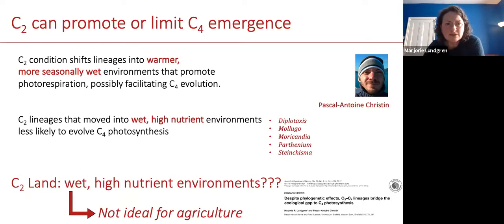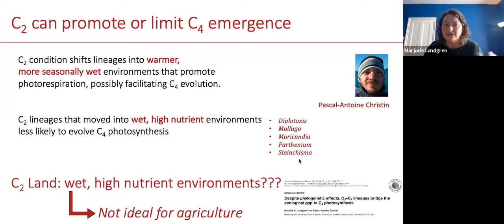And that's some of the results we found in this JXBot paper I wrote with Pascal Antoine. This is 2017. But if you look specifically at those lineages, there are 5 lineages that never evolved C4 photosynthesis. They just evolved C2, and they seem to have just stopped there, right?